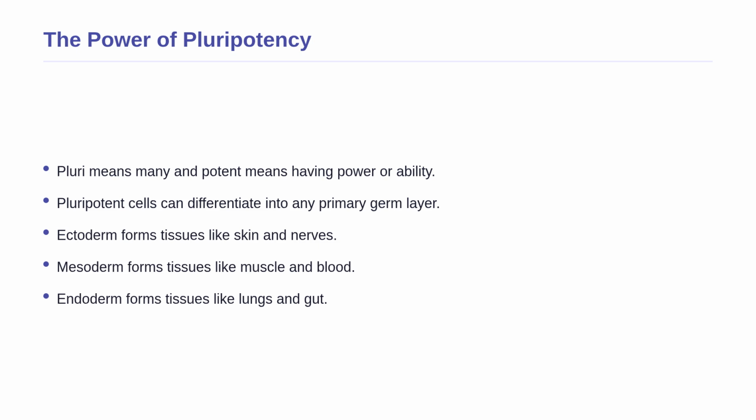Therefore, pluripotent cells have the power to differentiate, or specialize, into any cell type belonging to the three primary germ layers. These layers are the ectoderm, which becomes skin and nerves, the mesoderm, which forms muscle and blood, and the endoderm, which develops into the lungs and gut. They truly are the ancestors of every tissue in your body.